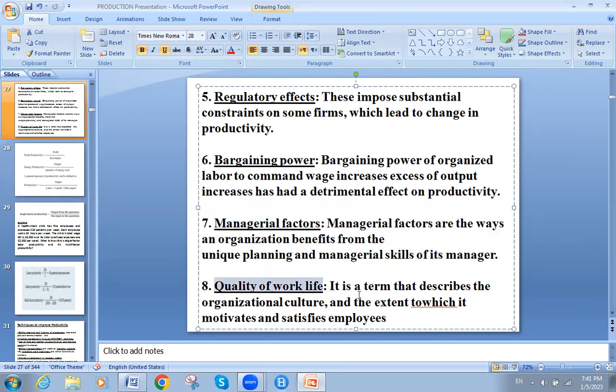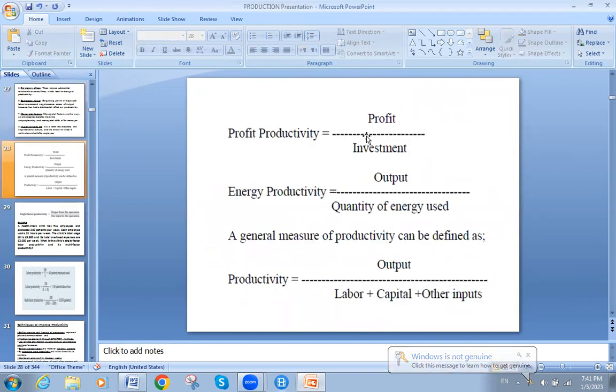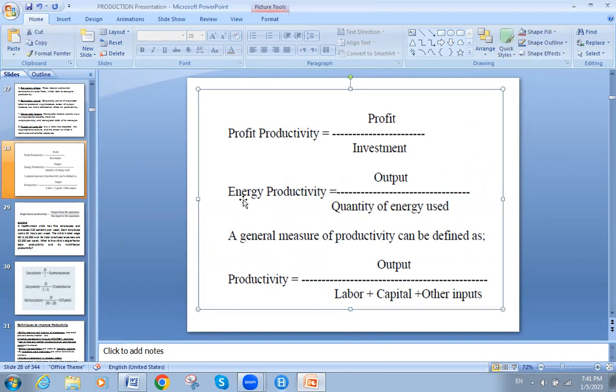Quality of work life is a term that describes organizational culture and the extent to which it motivates and satisfies its employees. So the productivity will be the outputs divided by the inputs. We have also partial indicators for the productivity.